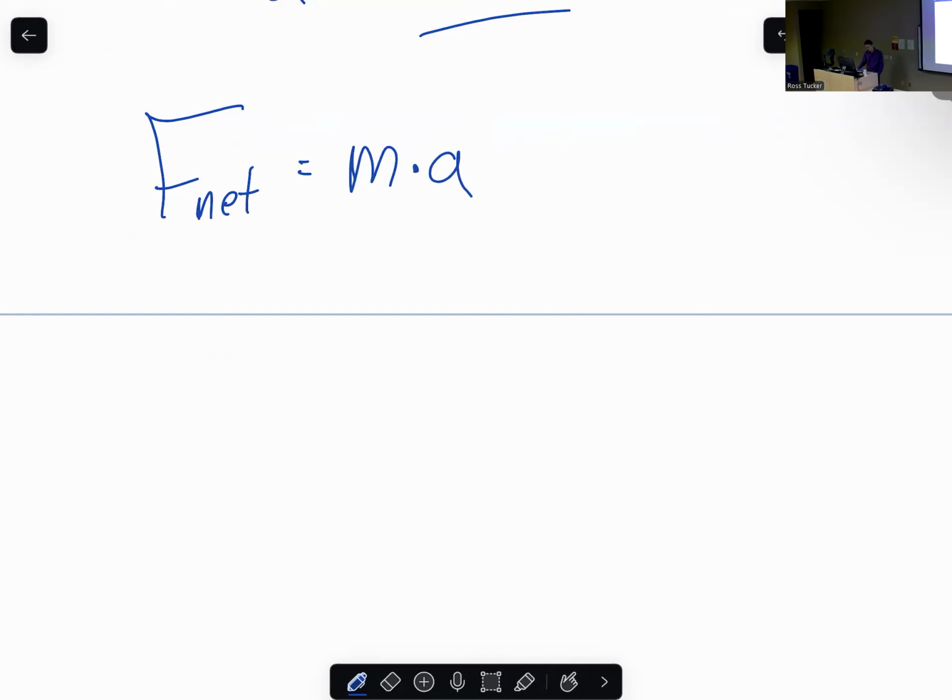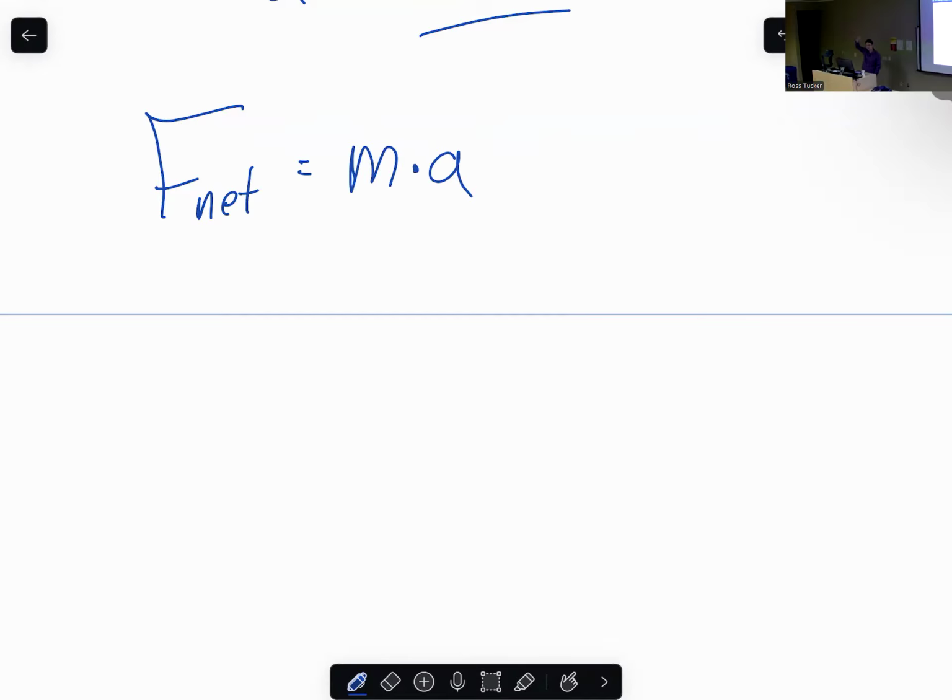I have given you a formula for net force. I have given you the new value for acceleration. If we're talking about the person, you shouldn't use the mass of the elevator. We're talking about the elevator's net force and the elevator's acceleration.